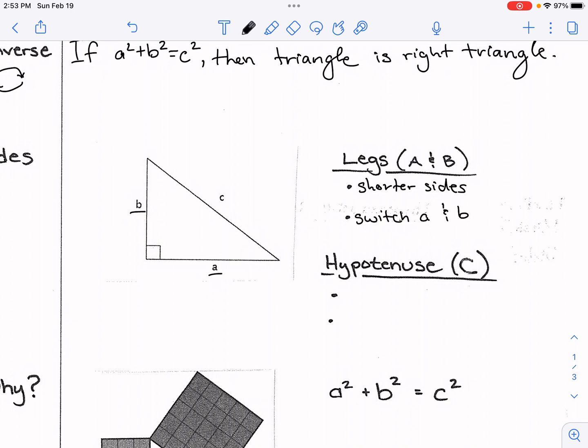And then for the hypotenuse, right, it is always opposite the right angle. And here, whenever we look at a right triangle, it is always the longest side, or if you have measurements, it's always the longest measurement.